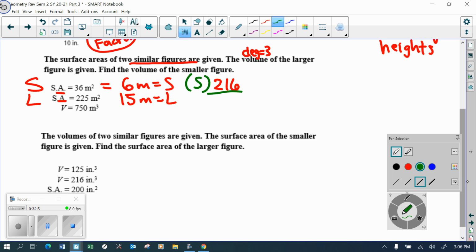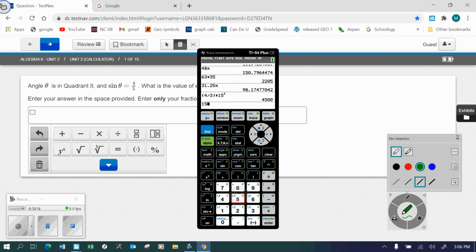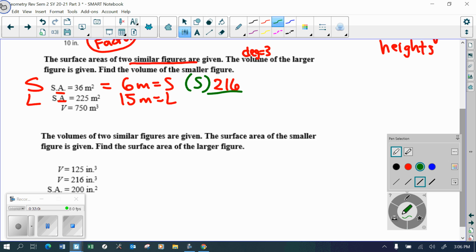And 15 cubed, put that in the calculator, is 3375. That's the larger one. And they gave me the volume of the larger one was 750. I want to find the volume of the smaller one, x.